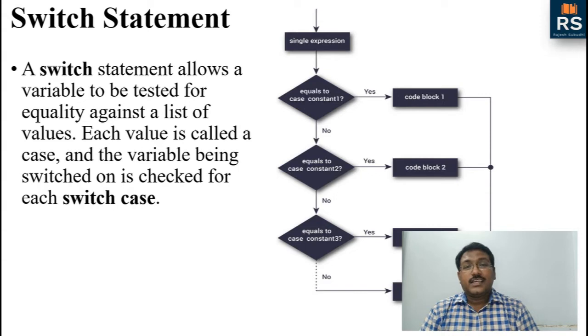We will check that particular expression in the switch, and we have multiple cases. So let us go to the syntax, where you can understand very easily how it is written and how it actually works.